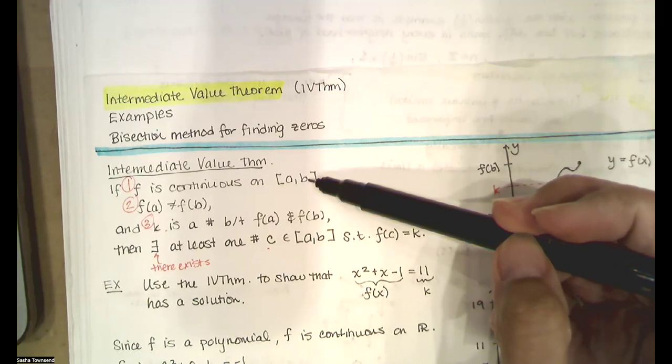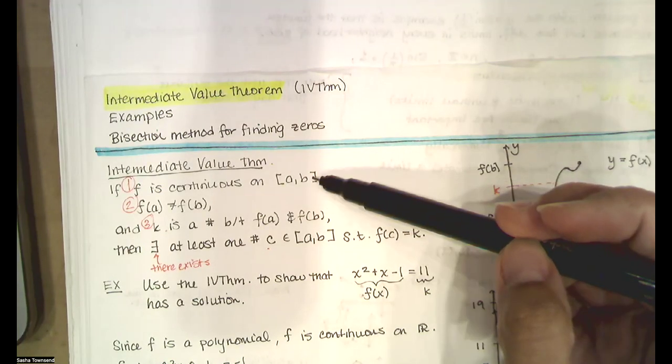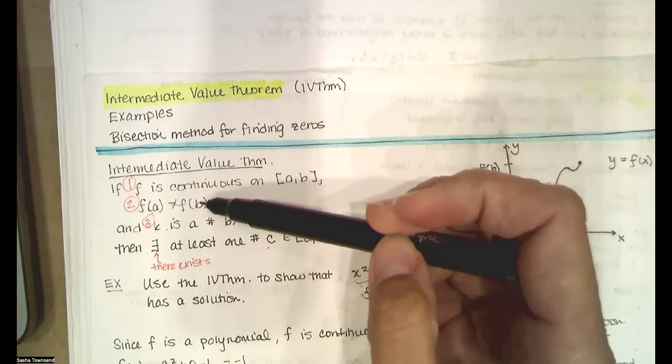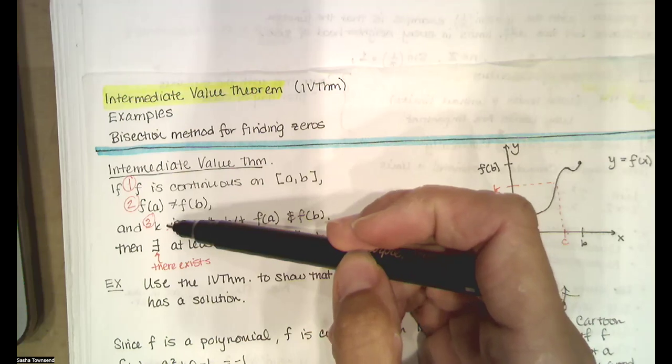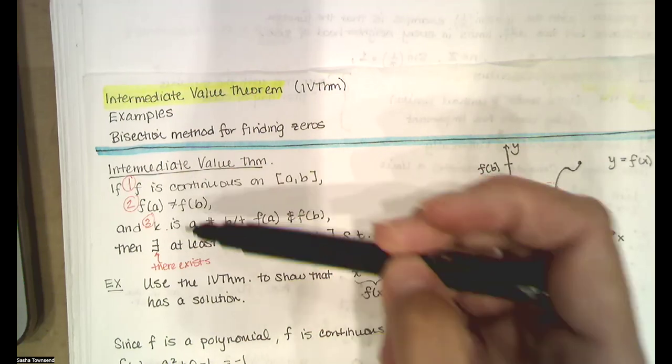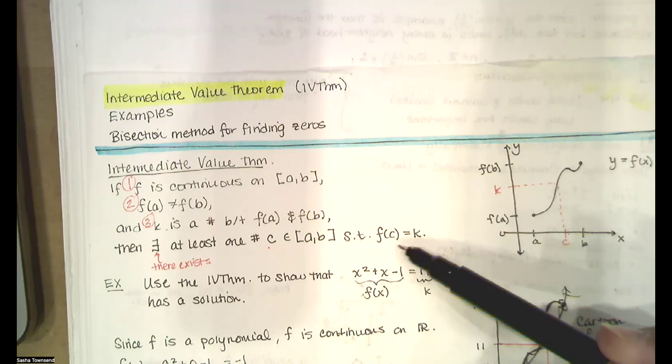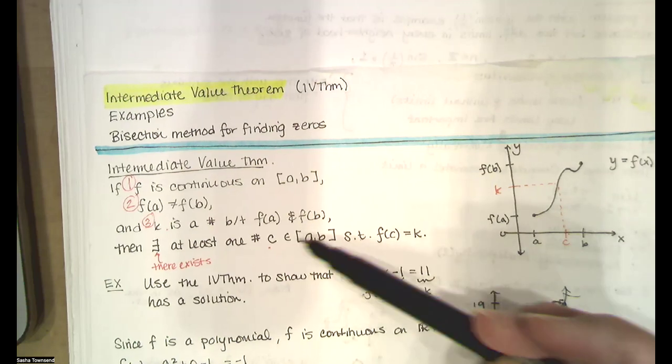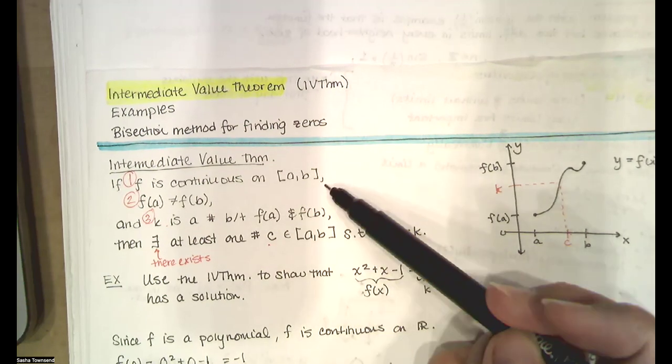F has to be continuous on a particular closed interval from A to B. F of A and F of B have to be two numbers that are different from each other, and K has to be in between those. Provided all of those things are true, then f of c equals k has a solution on that interval between the two x values that you started with.